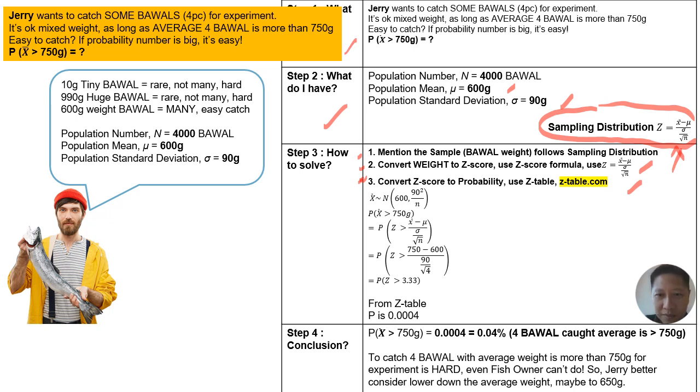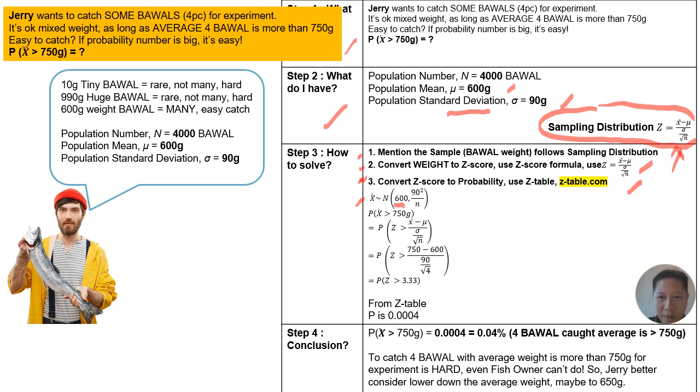Step 1, our bawal weight can fall under the sampling distribution model here. 600 is the population mean, and then 90 squared is the variance, that is the standard deviation squared, divided by how many fish we intend to catch to find the average.